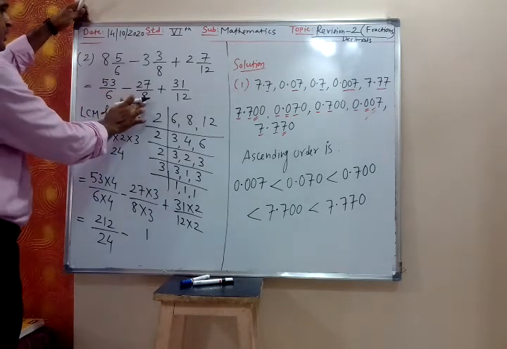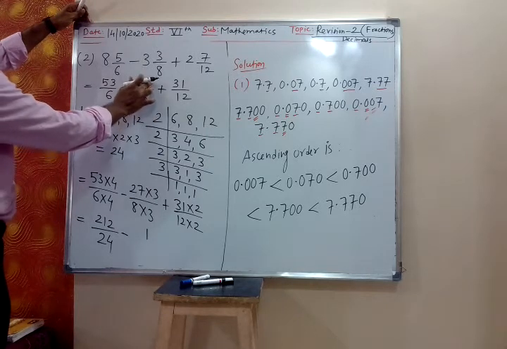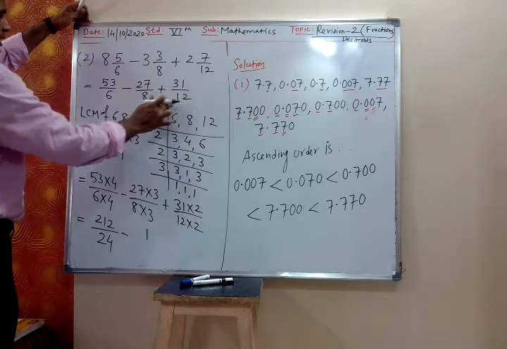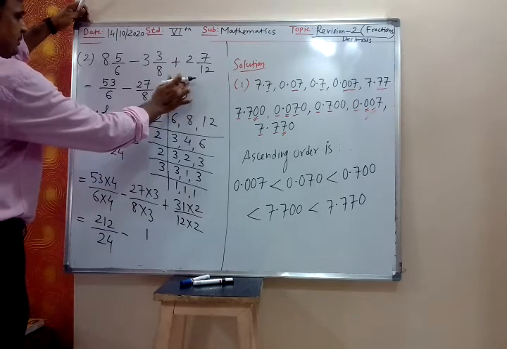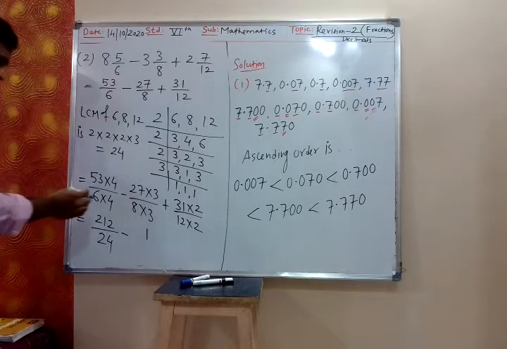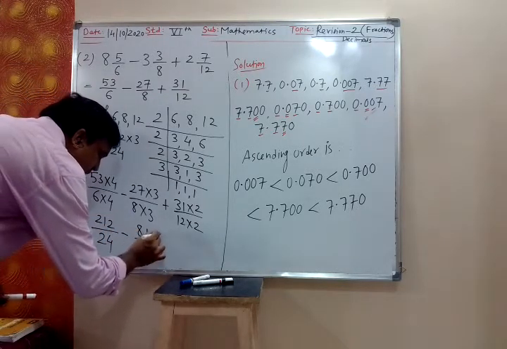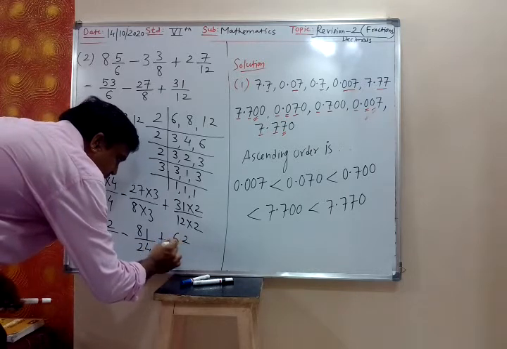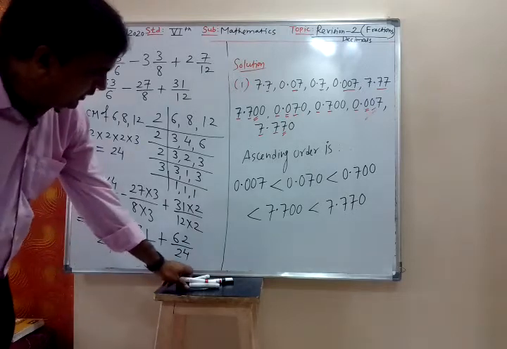This is 8. We want denominator 24. So I will multiply by 3 in denominator, multiply by 3 in numerator. This is 12. LCM is 24. So this I will multiply by 2 in denominator, multiply by 2 in numerator. So this is 81 upon 24 plus 62 upon 24. Now the denominator is the same.